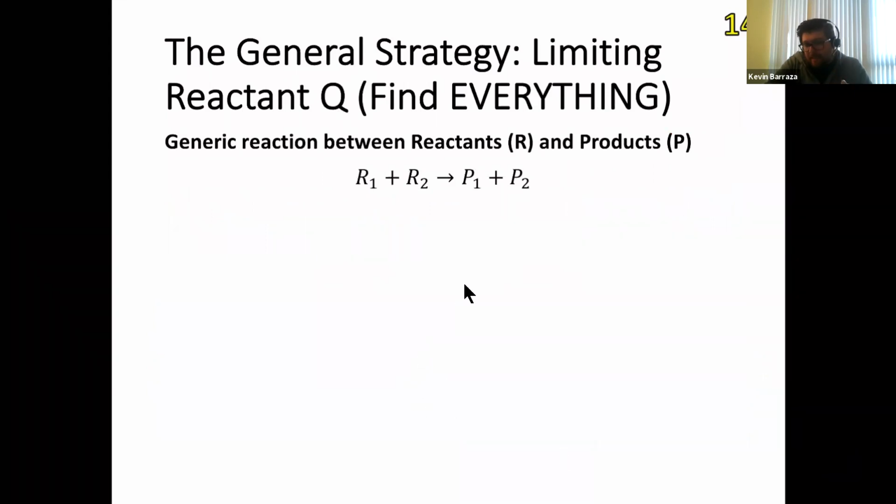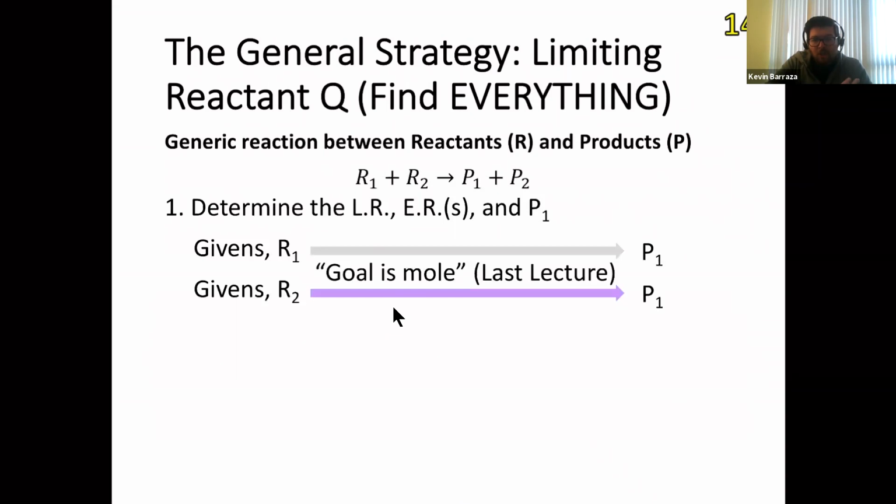So the basic idea for this kind of problem, you have maybe 2 reactants going to 2 products. You're going to determine the limiting reactant, the excess reactant, and product number 1.